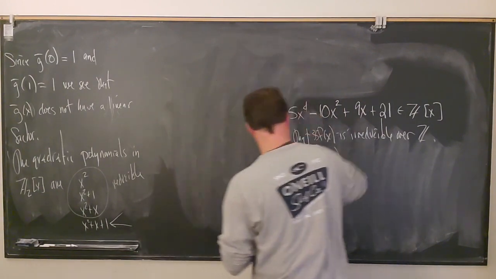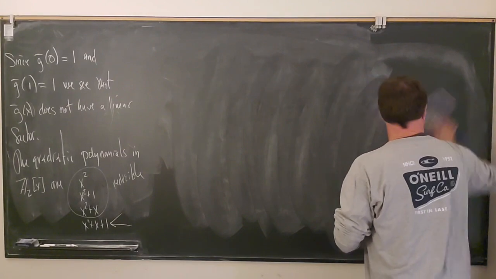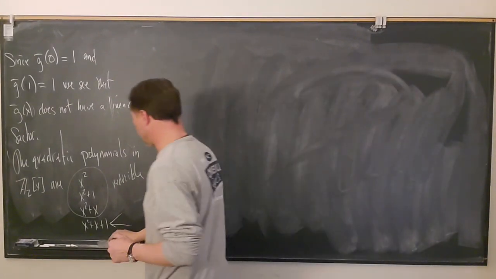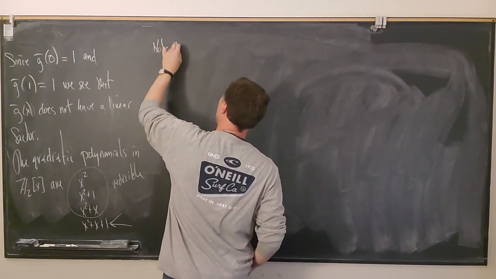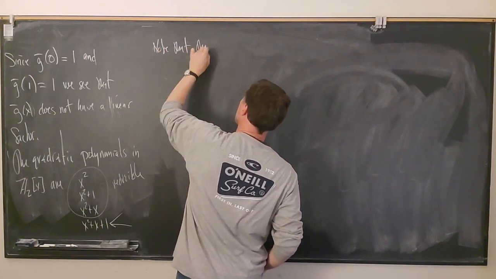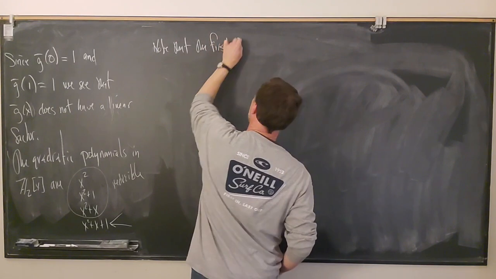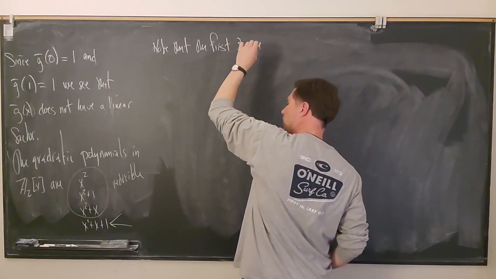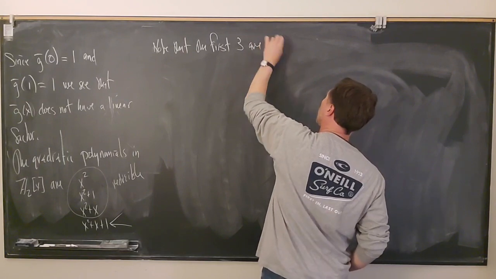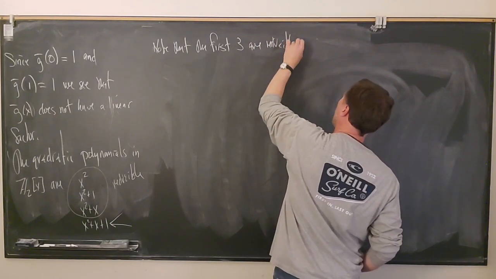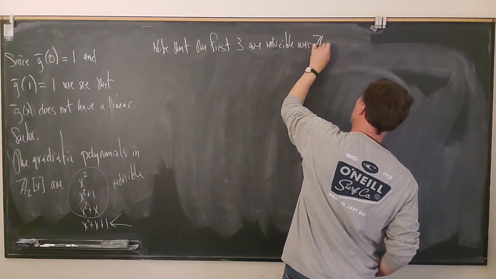Okay. So there's only one thing to try. So let's say it like this. So note that the first three are reducible over Z2.